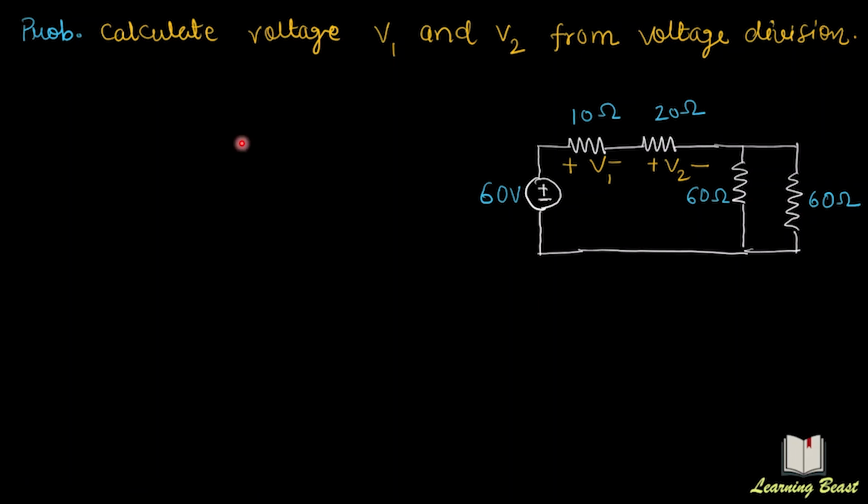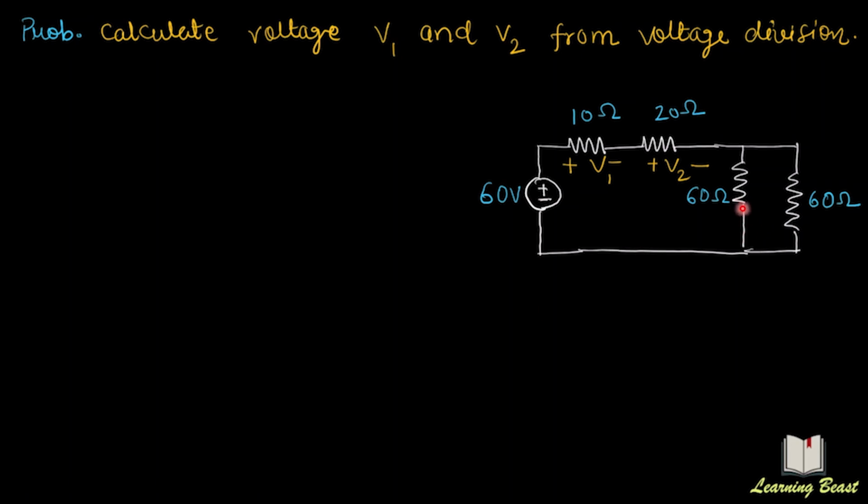As you can see in this circuit, these two resistances are in parallel. So we will not apply the voltage division rule directly. First, we will convert this circuit into a series circuit. So first, we will combine these two parallel resistances and find their equivalent resistance.